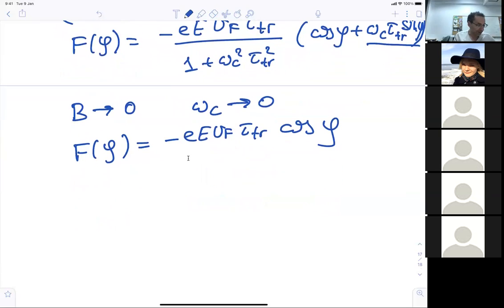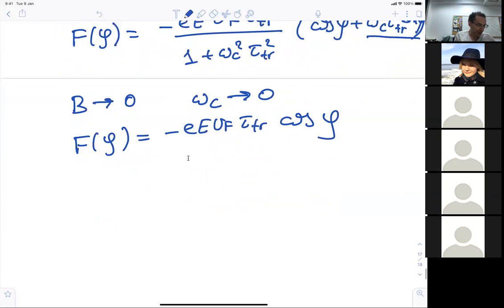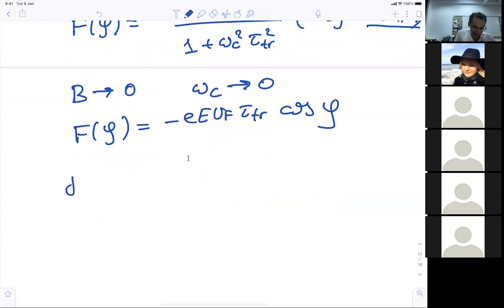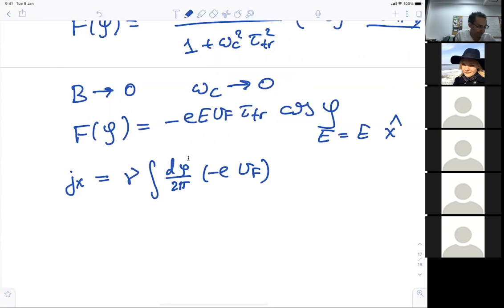What it changes, so now let's compute the current. Let's say that the electric field has only a component in the x direction. So let's compute Jx and Jy. The current in the x direction is the density of states, integral d phi over 2 pi, minus E times v Fermi times cosine phi.